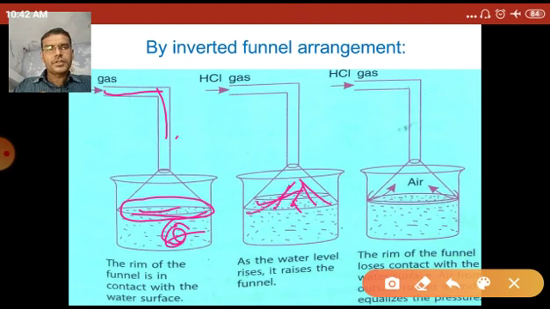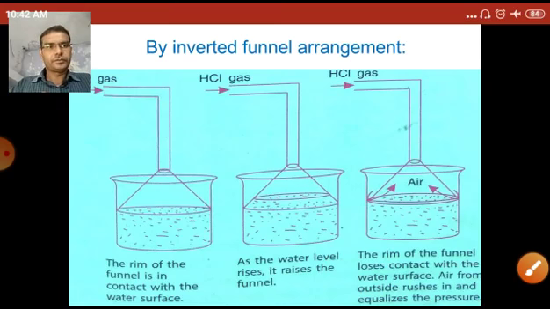When the water level rises in the funnel, at that time the rim of the funnel loses contact with the water surface, and the air from the outside rushes into the funnel.